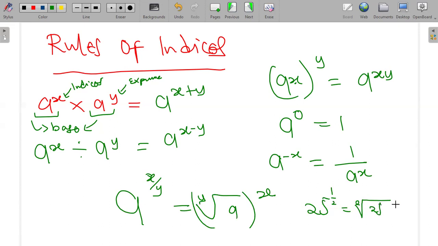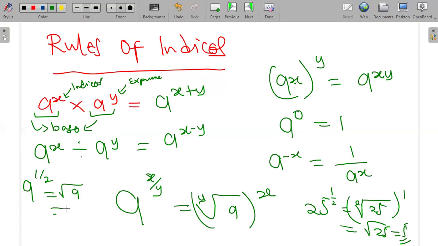Then I raise all this to the power on top there. So this is basically the square root of 25, which is 5. So 25 to the power half is the same as the square root of 25. What if I have 9 to the power half? This is the same as the square root of 9, which is just 3.